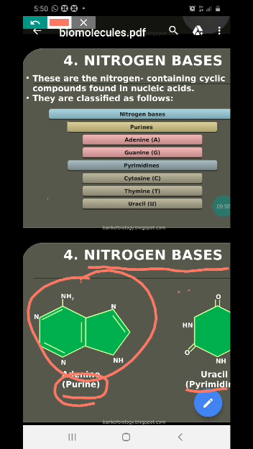Okay, now let us see the different examples. Adenine plus sugar gives adenosine. So adenine is the nitrogenous base, plus sugar gives rise to adenosine.